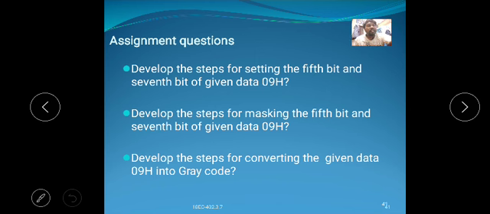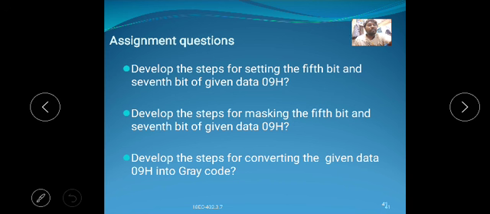These are the important assignment questions for the students. Develop the steps for setting the fifth bit and seventh bit of the given data 09H. Develop the steps for masking the fifth bit and seventh bit of the given data 09H.